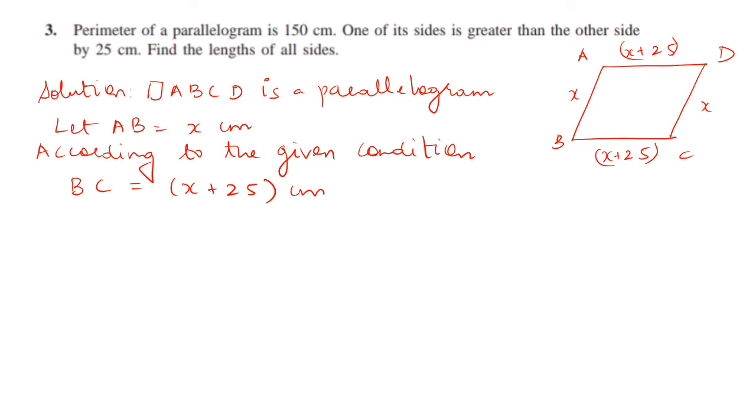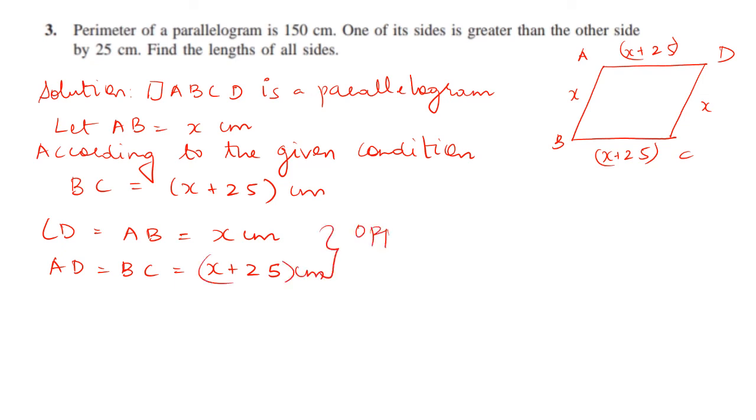So CD is equal to AB, which is x centimeters, and AD is equal to BC, which is x plus 25 centimeters. The reason for both is that opposite sides of a parallelogram are congruent.